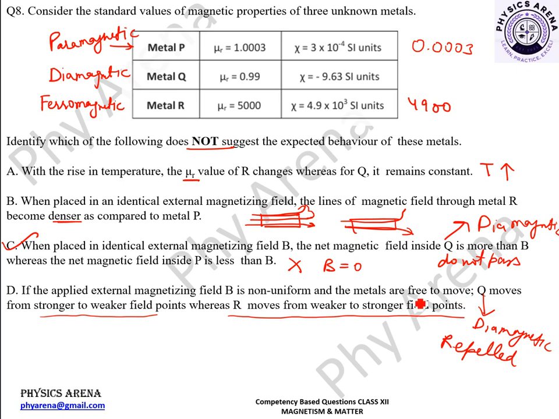So it will move from the stronger to weaker field, whereas R is a ferromagnetic, and ferromagnetic material is attracted towards the field. So it will move from the weaker to stronger field points. So this is also a true statement, but we have to find out the statement that is not true. So C is the correct answer for this question.